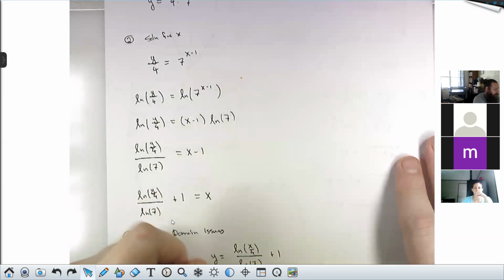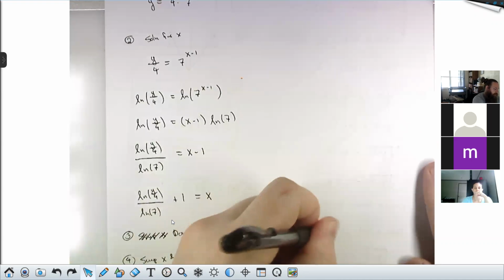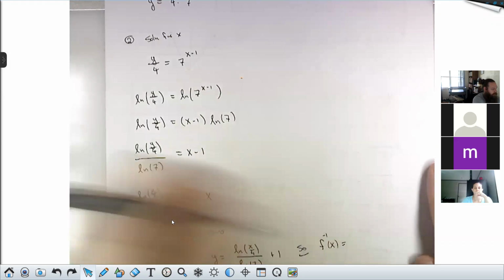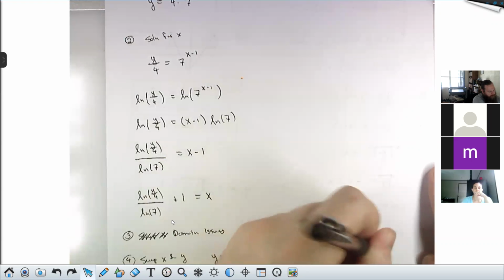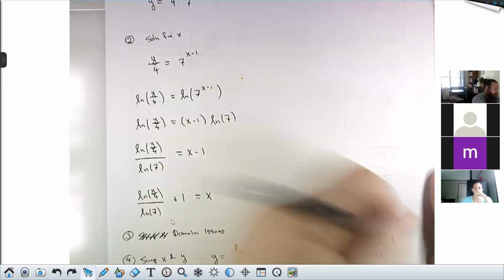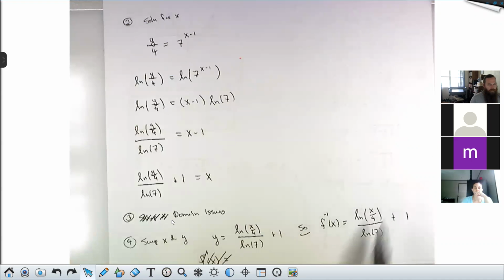So I'd say f inverse of x here, I'm out of space on. So f inverse of x here is the ln of x over 4 divided by the ln of 7 plus 1. And I do think it's worth saying that this we could write as a base 7 log if we wanted.